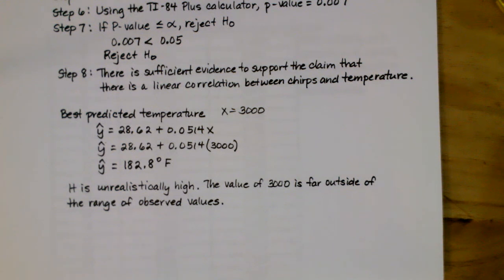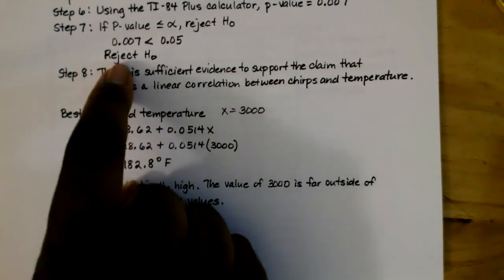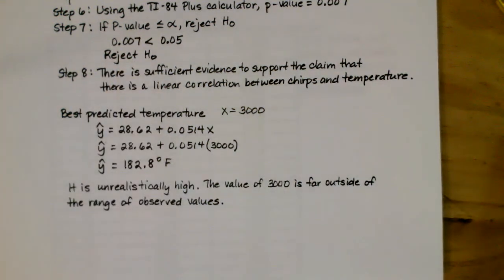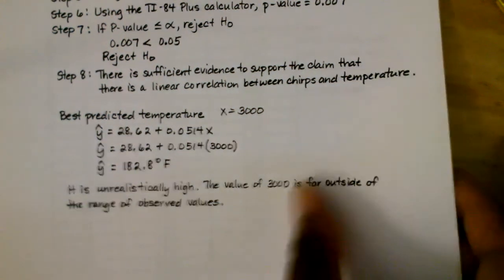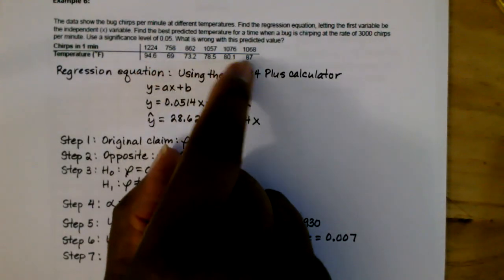Okay. Now, I do want to mention here, if I failed to reject the null hypothesis, then that would mean that there's not sufficient evidence to support the claim that there is a linear correlation. Now, if there wasn't sufficient evidence that there was a linear correlation, then we only take the average of our temperatures.